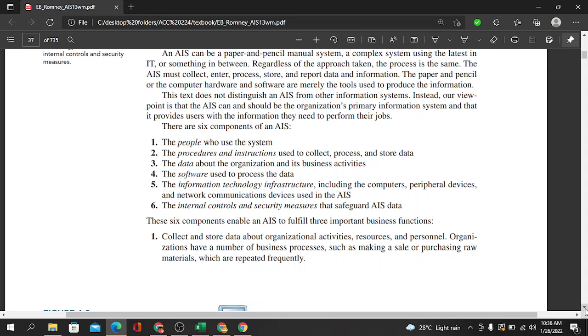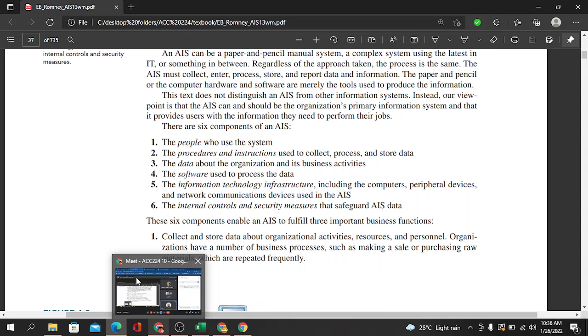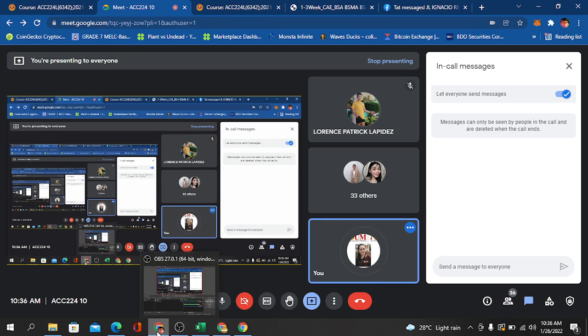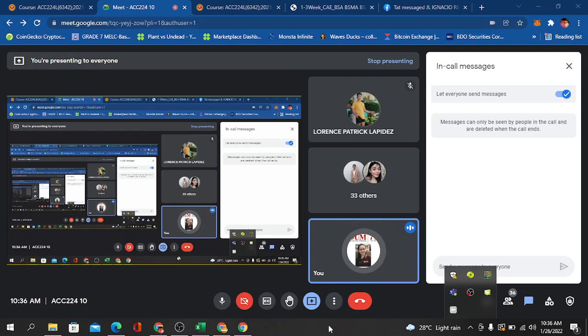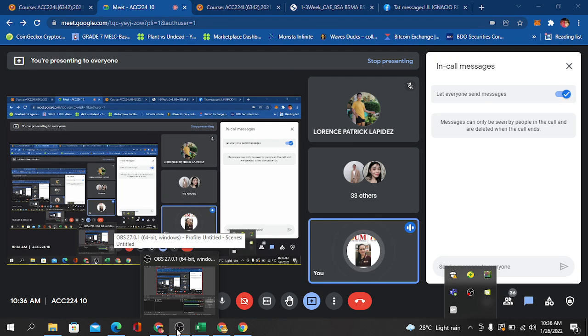Anybody? Let's say we eliminate one, would the AIS still function or not? Is there superiority? Or what particular elements do you like in the AIS?